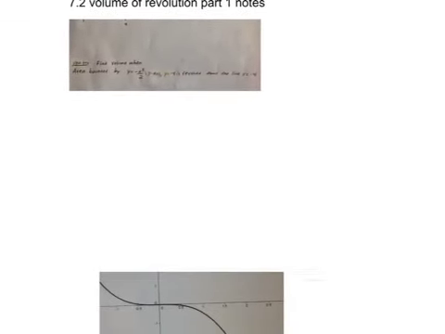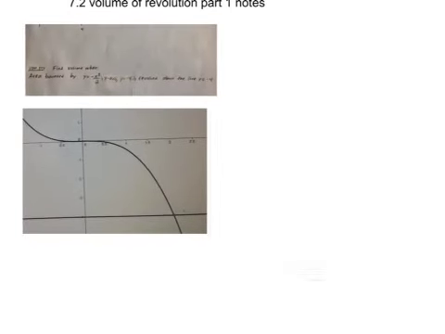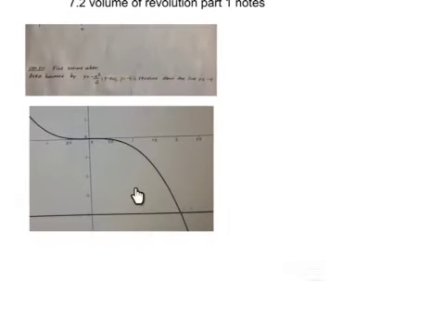So first thing I want to do is create a graph of this. So let me pull up this graph. So this is what the region looks like. So I'm looking at spinning this region about the line y is equal to -4. So the region is being revolved and it's being spun this way. So I want to go ahead and draw my sample rectangle.